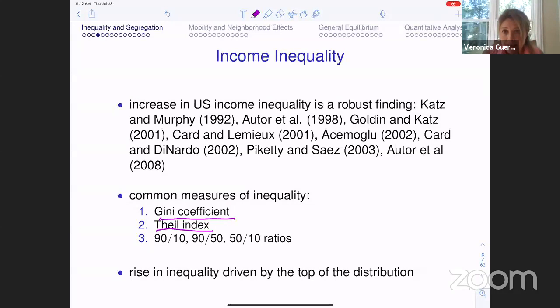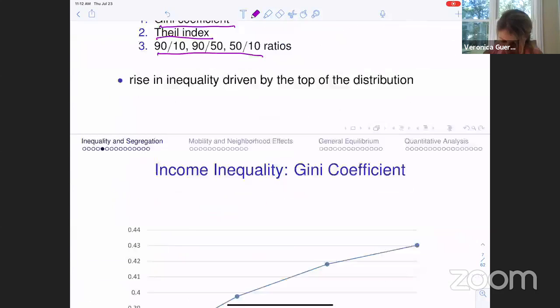And then people have been using the 90-10 ratio, 90-50 ratio, and 50-10 ratio, which compare the 90th percentile versus the 10th percentile, 90 versus 50, and 50 versus 10. These different measures give us an overall picture that the rise in inequality has been driven mostly by the top of the distribution. I'm going to show you some data about that.